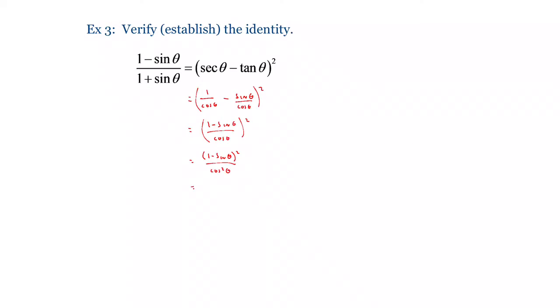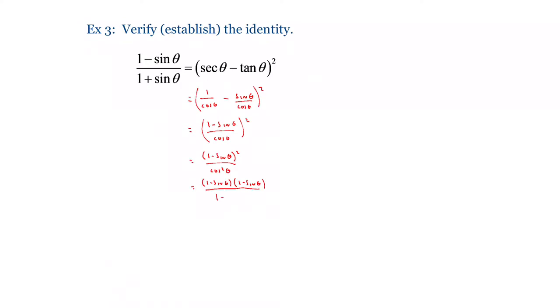And so remember, what we're trying to get to is 1 minus sine of theta in the numerator, and we have one of those in there, but we have an extra one. And then on bottom we have 1 plus sine of theta. So let's leave the numerator the way it is, because we already have 1 minus sine of theta in there. We just have an extra one that hopefully is going to cancel out.